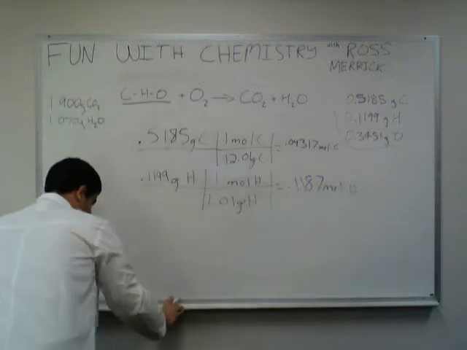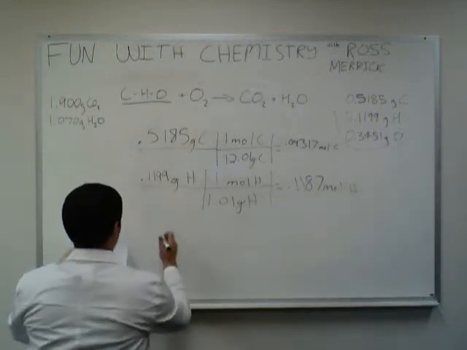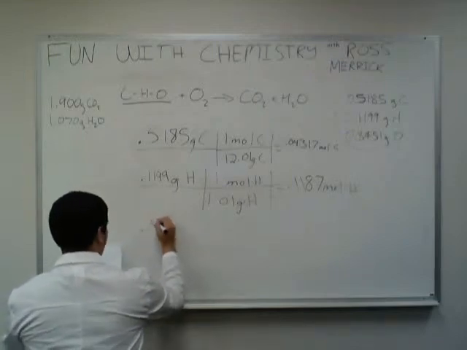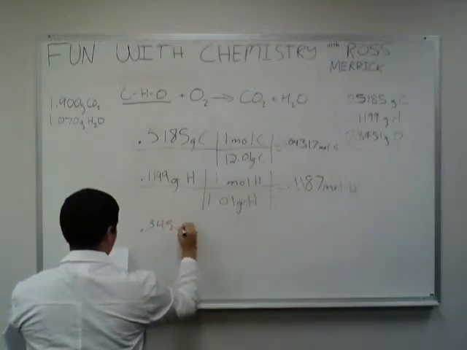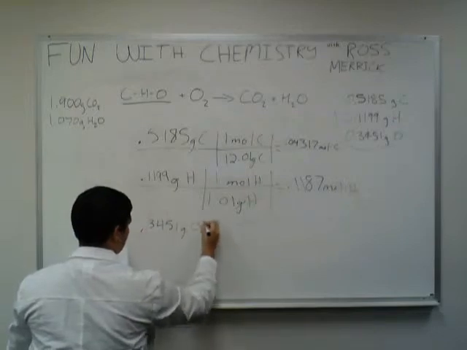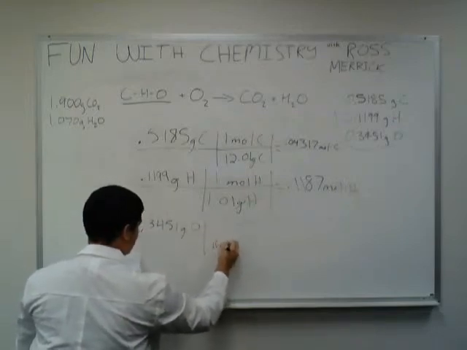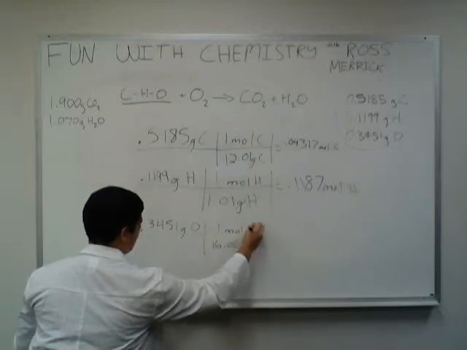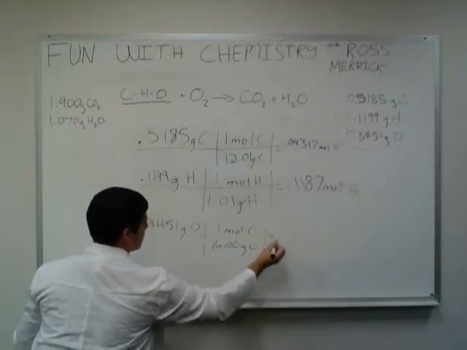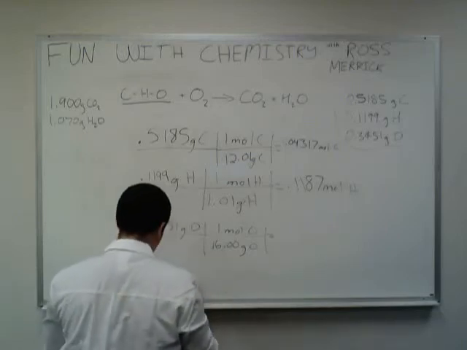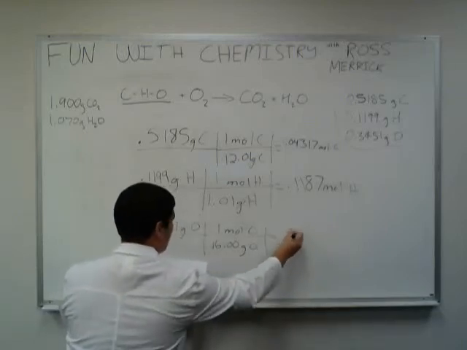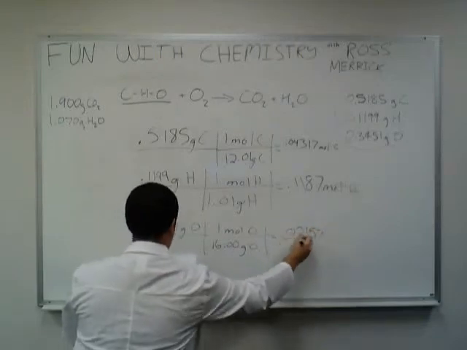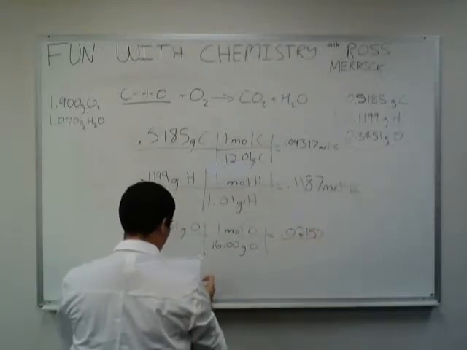For our last one, we know that we have 0.3451 grams of oxygen, and there are 16.00 grams of oxygen per 1 mole, which gives us an answer of 0.02157 moles of oxygen.